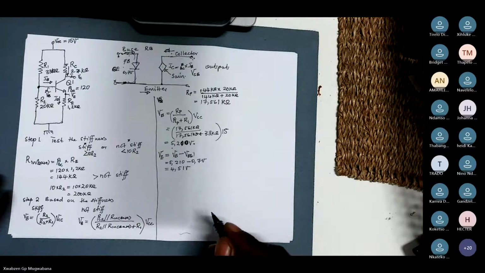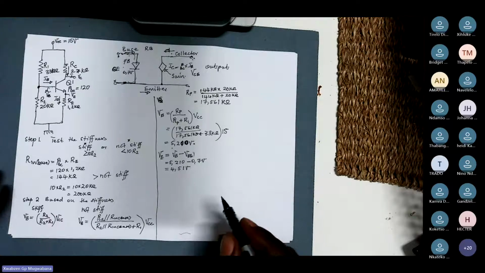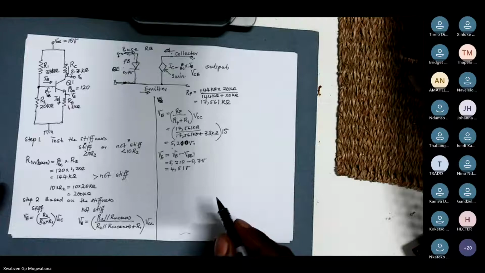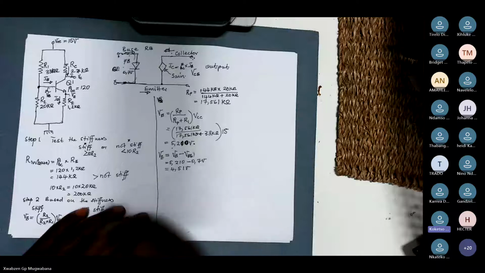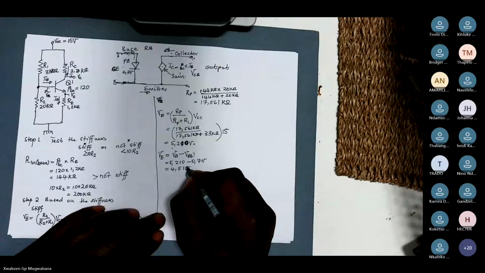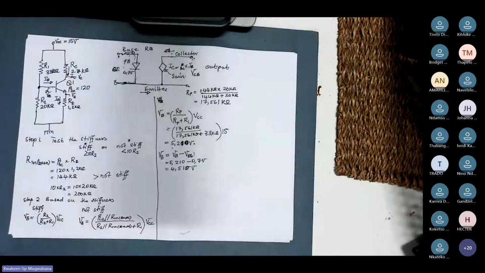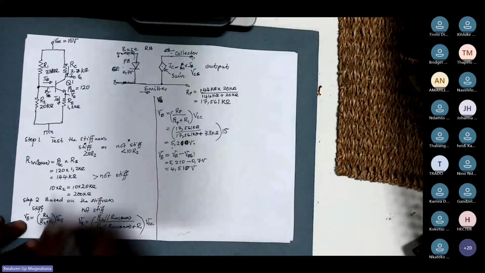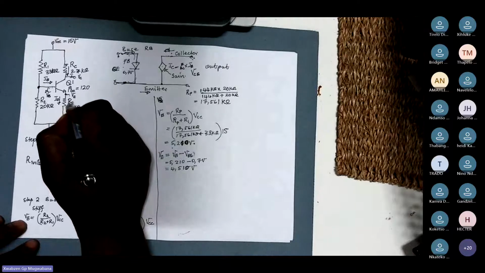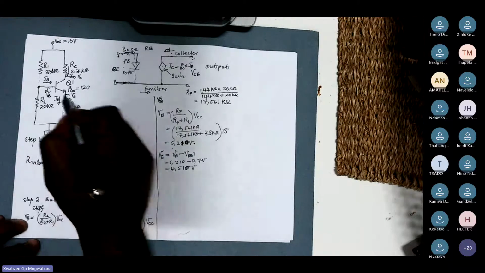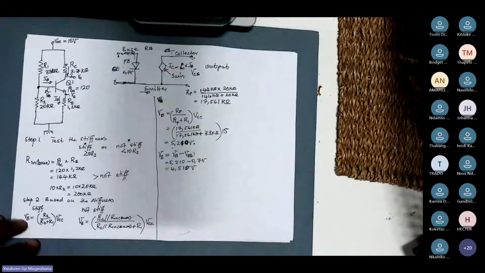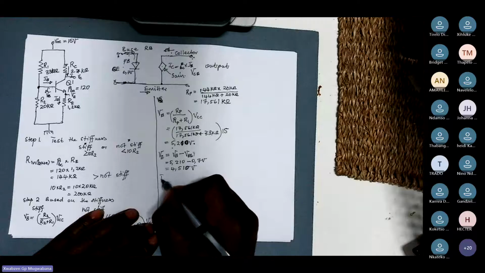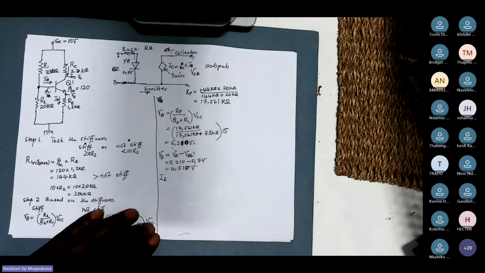Yeah, sure, it's okay, 4.510 volts. Now, once I've determined this VE, which is from the emitter to the ground, I can find my IE.